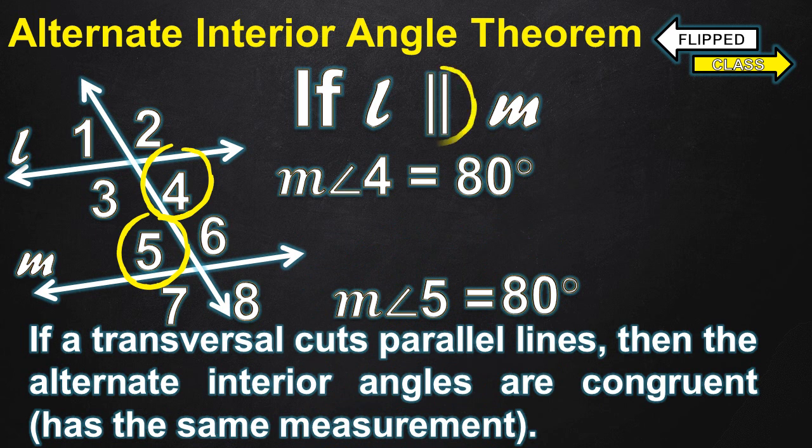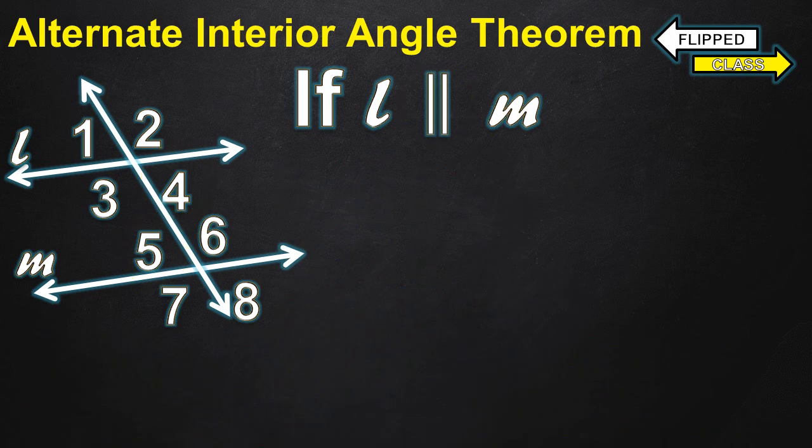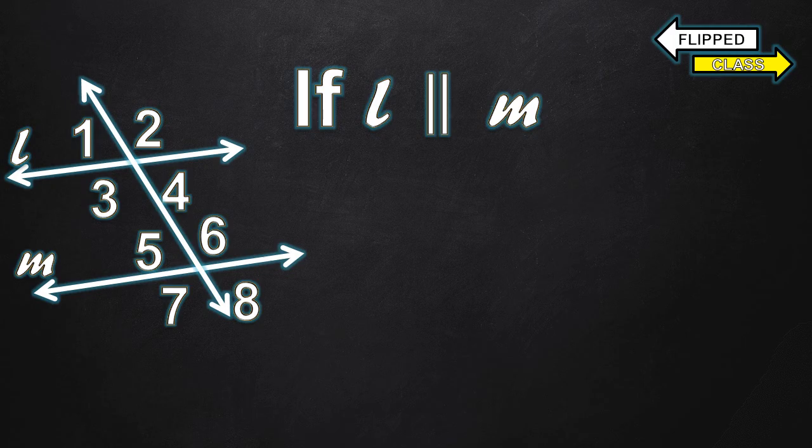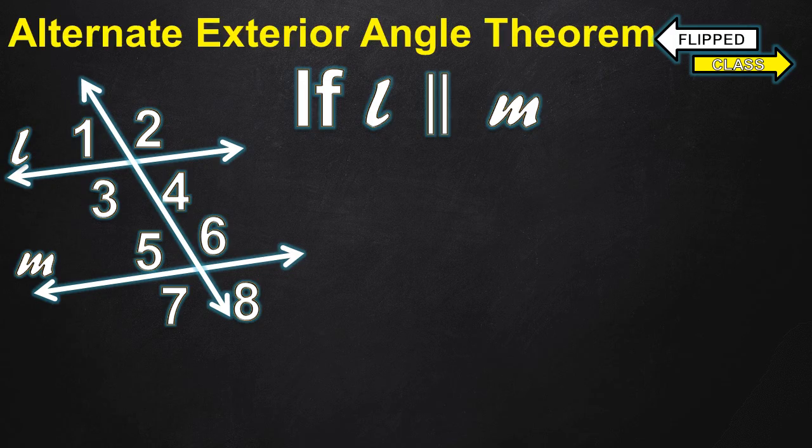If you see another pair of alternate interior angles, for parallel lines only, again, if parallel only, the next relationship falls for the alternate exterior angle theorem. This is only for alternate exterior angles.